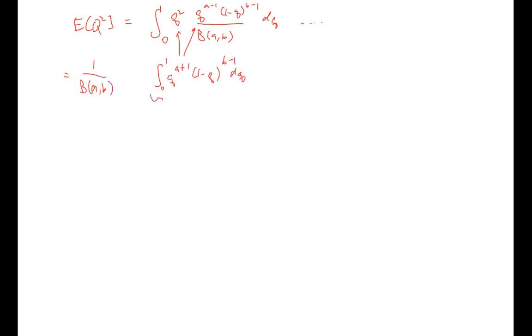So this one I can compute in the same manner. What's this one here? It will be equal to B(a+2, b), right? So I have B(a+2, b) over B(a,b) here.